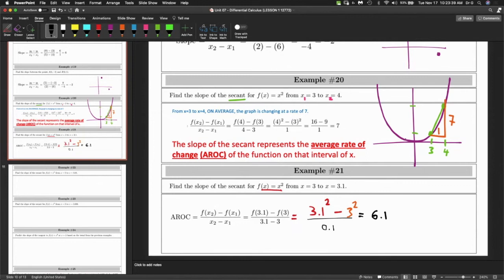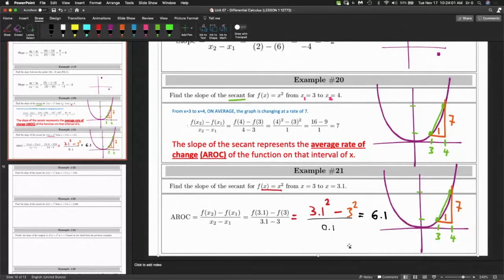So what I've done there is I've asked you to find the rate of change on a smaller interval. If I took the previous graph and narrowed it, what we've done here is instead of using 4, we use 3.1, and I brought those points closer.